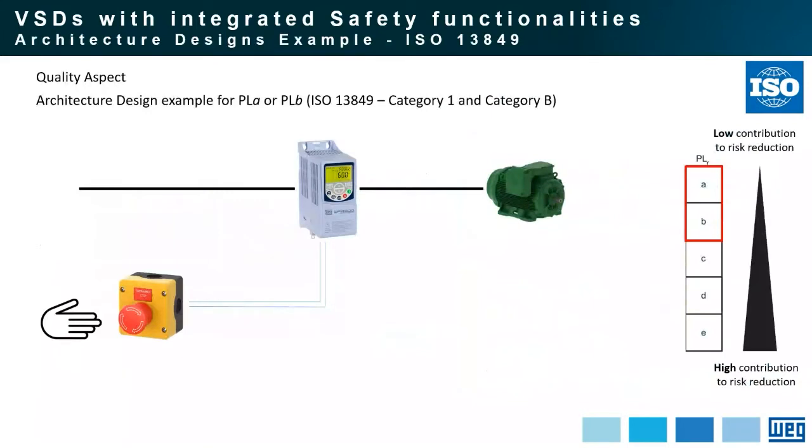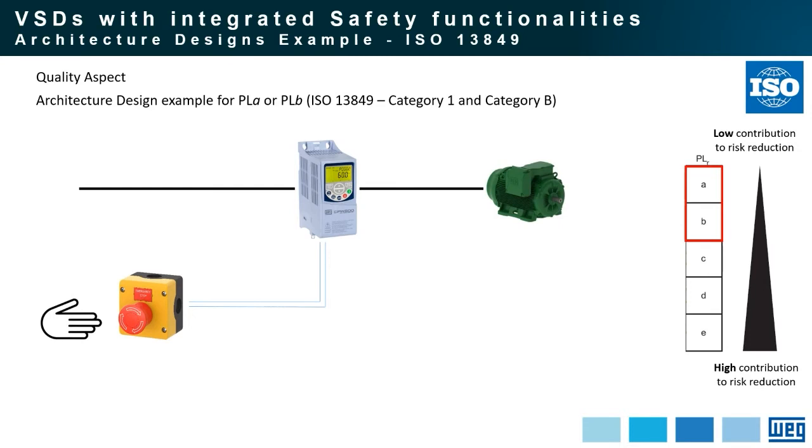Concerning the quality aspects, I will show you here some different examples of architecture design with the focus on the variable speed drive. The first example is about performance level A and performance level B. I use here a very simple example considering a variable speed drive controlling a motor and an external emergency push button. Okay. In case of any problem with the machine or a process, the operator must push this emergency button to stop the motor.